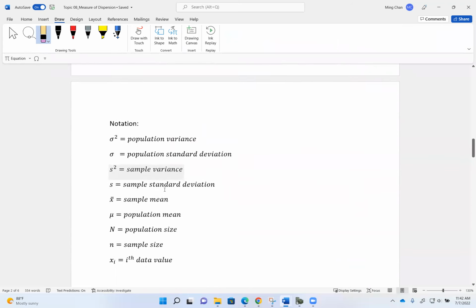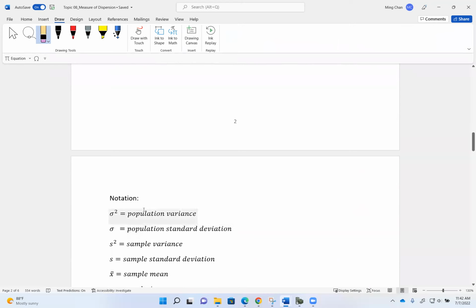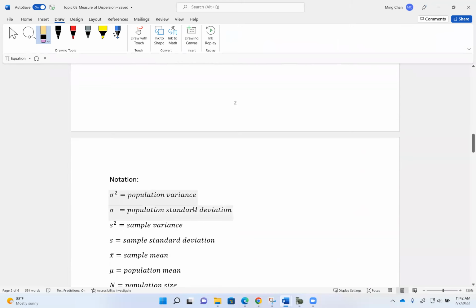All right, here are your notations. This little squiggle is called sigma. Sigma is the symbol I will use for population standard deviation. Sample standard deviation uses a lowercase s.